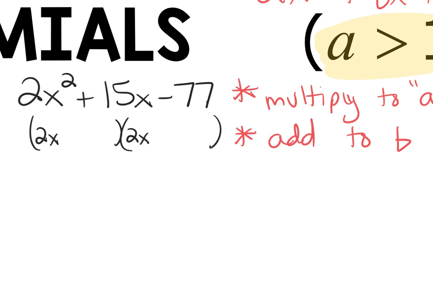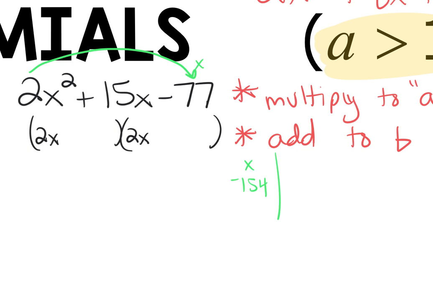Now, what's a little bit more challenging when you have the number up in the front, your mystery numbers here have to multiply to be A times C. So at this time, I have to do 2 times -77. I'm looking for numbers that multiply to be -154. That's a big number.